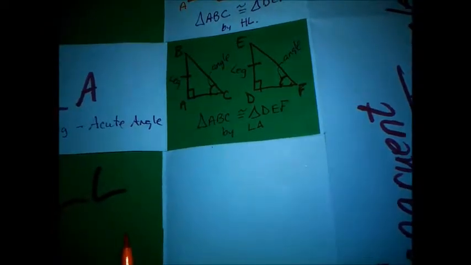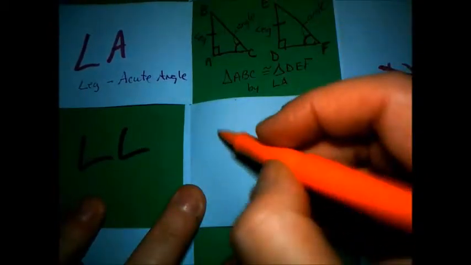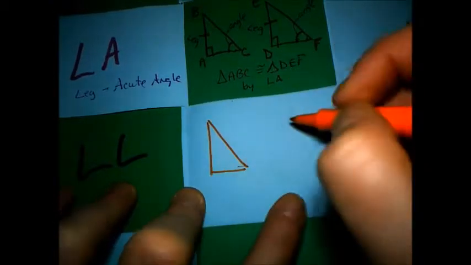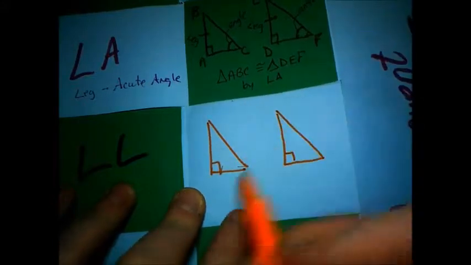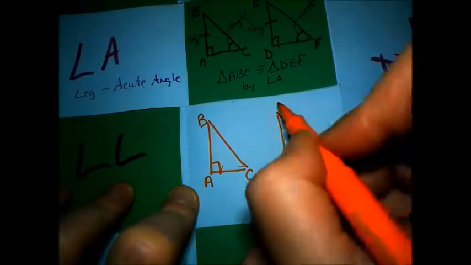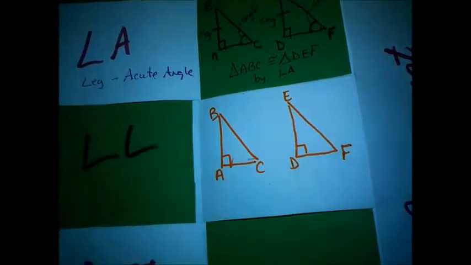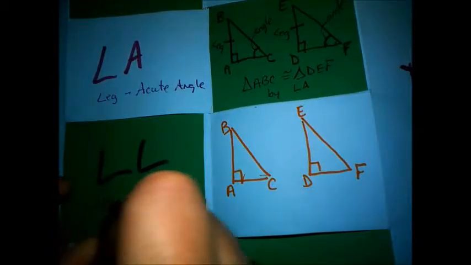Okay, let me go with LL. I'm going to once again draw my triangles that I had from above, because I have right triangles with these theorems. And now LL, can you guess what that's going to be? That would be leg, leg.